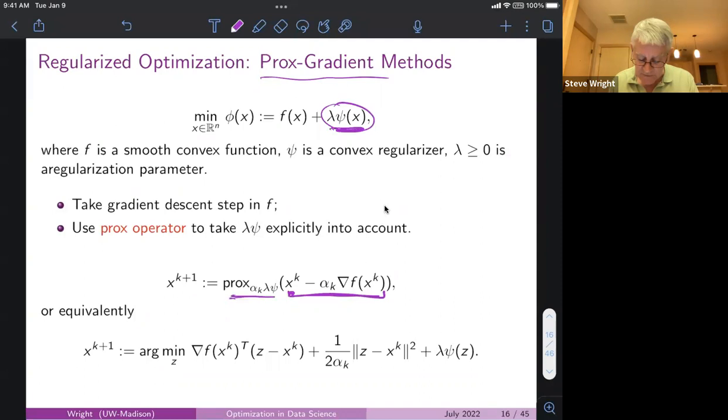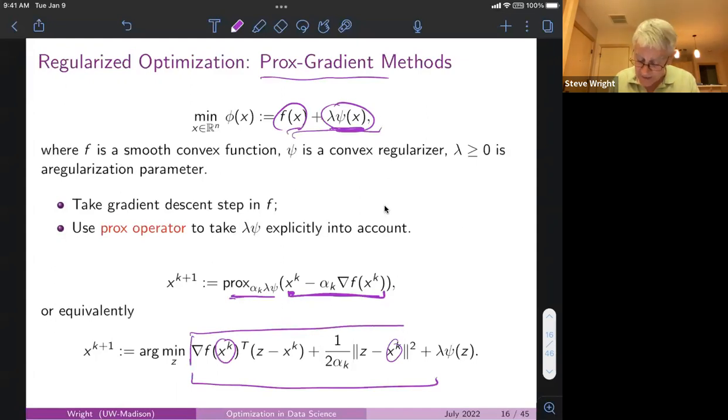So you can think of this as the following. You can think of this as writing an approximation to this function based on xk. Let's take the gradient at xk, and let's approximate f of x by these terms: the gradient, which is obviously a first order approximation, plus this kind of second order term, which is a very simple second order term because it's got the Hessian as a multiple of the identity.